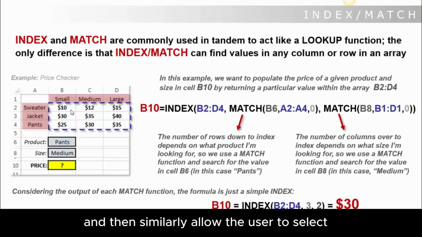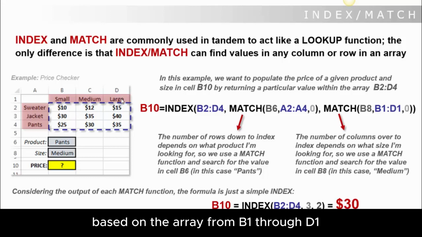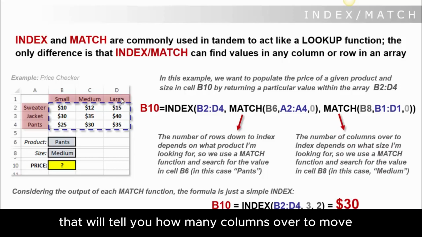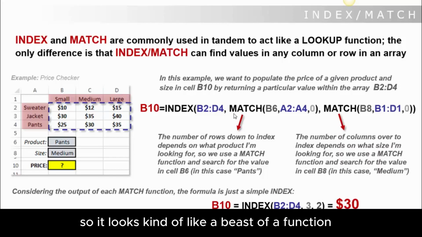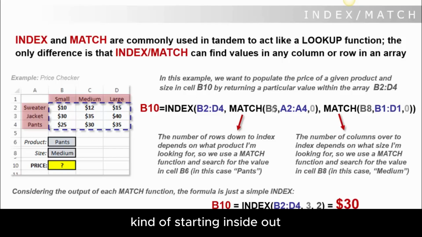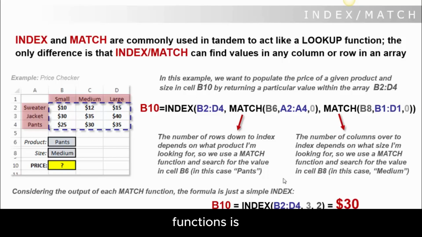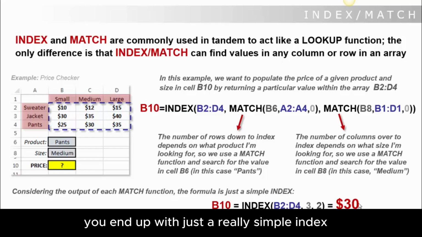And then similarly, allow the user to select what size they're interested in, small, medium, or large. And when you insert that into a match function, based on the array from B1 through D1, that will tell you how many columns over to move. So it looks kind of like a beast of a function. But when you consider each individual match formula, starting inside out, and think about what the output of each of those match functions is, you end up with just a really simple index.